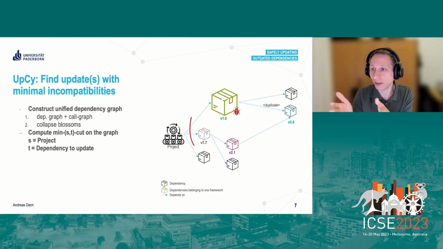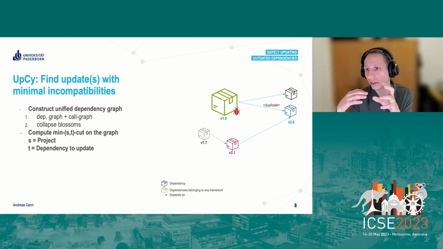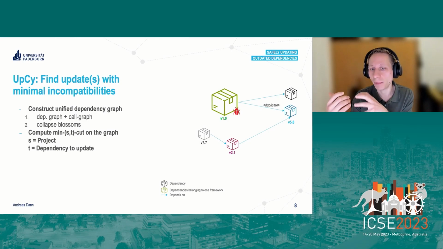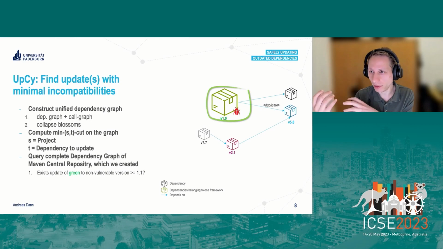And in the given example, this would be, for instance, a min cut. And then our approach looks at the remaining graph and tries to find a replacement for this graph that is compatible with updating the green and gray package. And how do we do that? We actually query a complete dependency graph of the Maven Central repository, and we ask basically the following queries.